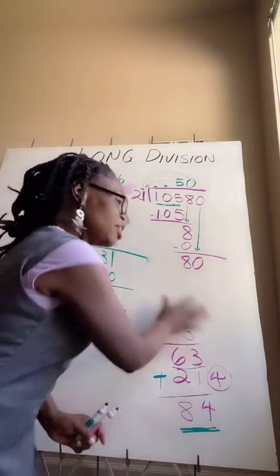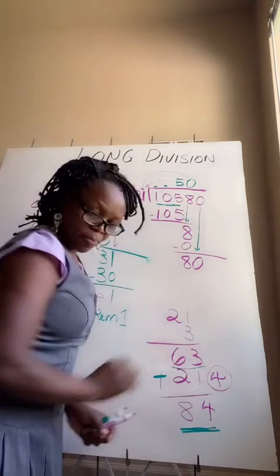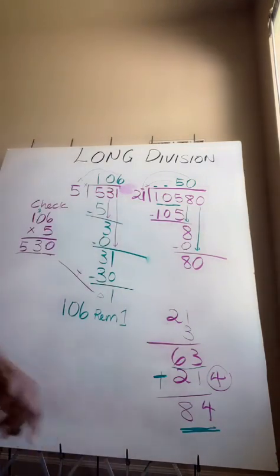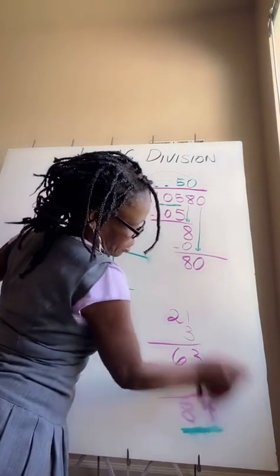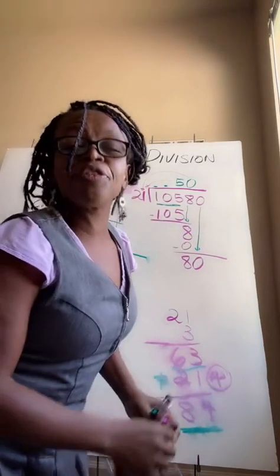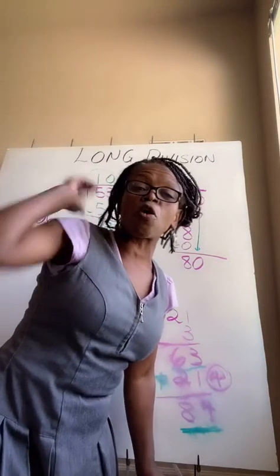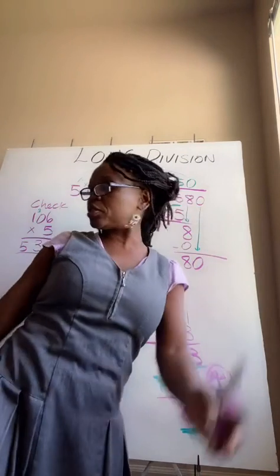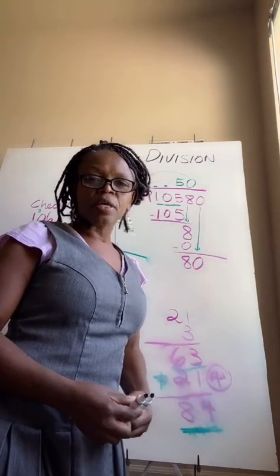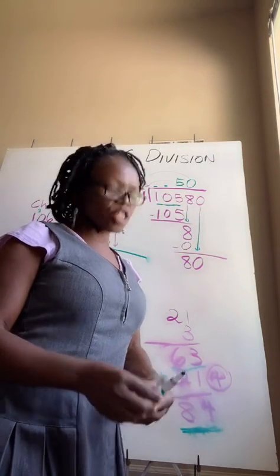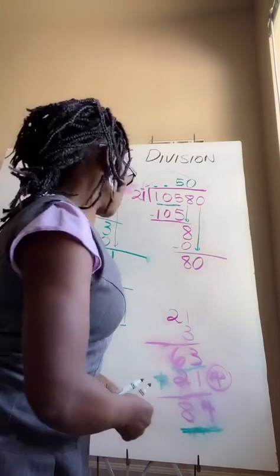For people who say 4, maybe this is not clear. Let's go with 4 so that we can experiment with this together, because we don't want to leave anybody out.